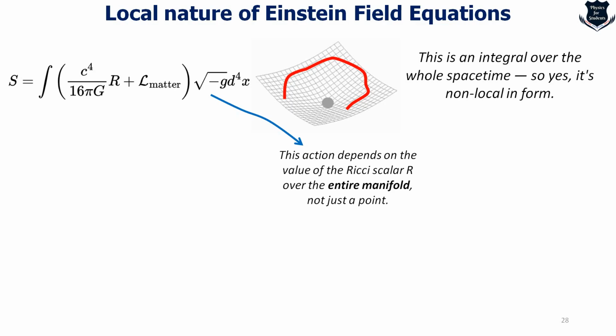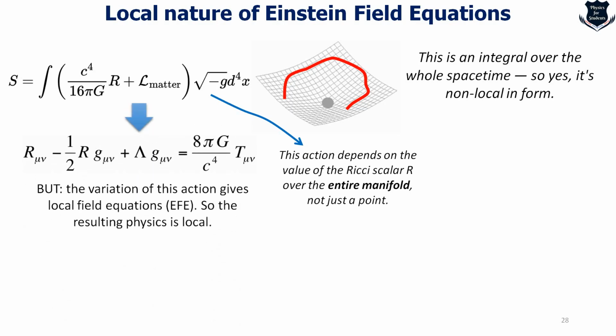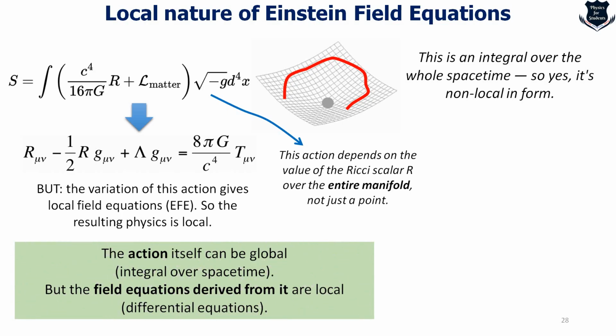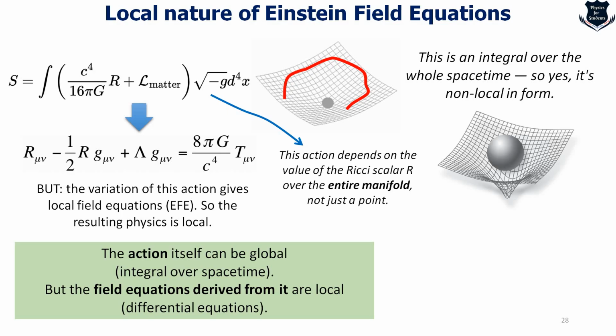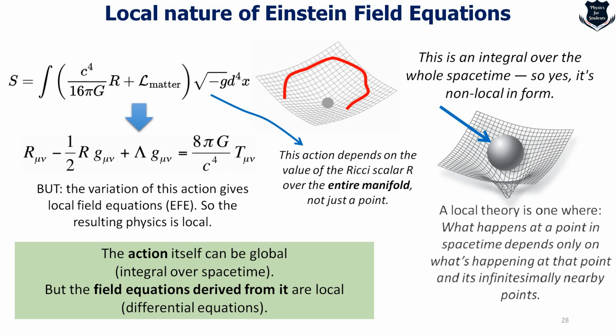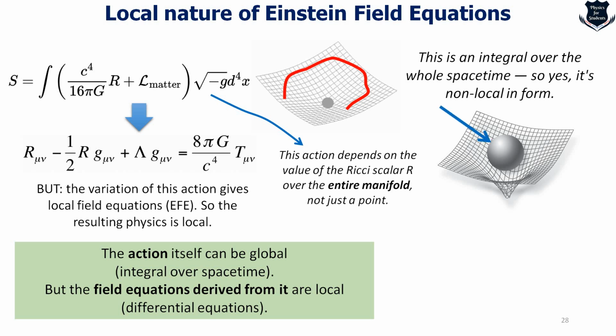But remember, from the Einstein-Hilbert action, we can do the variation and get what are called the local Einstein field equations. So the action itself can be global, but the field equations derived are local. So when you see this type of curvature, remember what you're pointing to is a local part, this part, which I just underlined, the blue arrow.